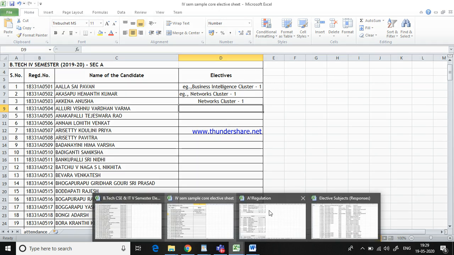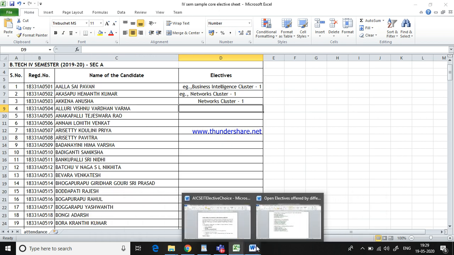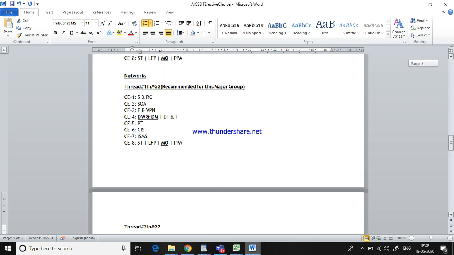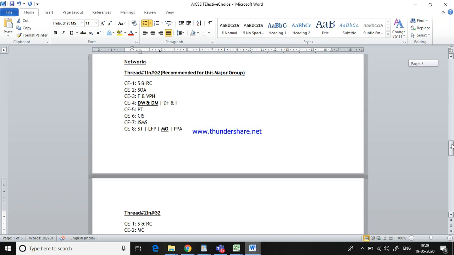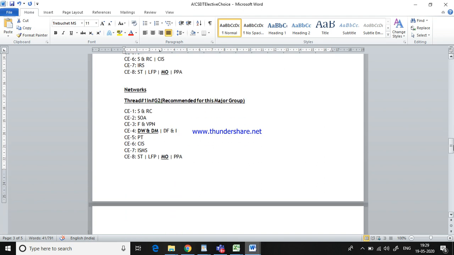These correspond to these elective choices. Cluster 1 indicates this thread 1, the thread he has chosen. Similarly, in the networks group, thread 1 indicates this choice for students.